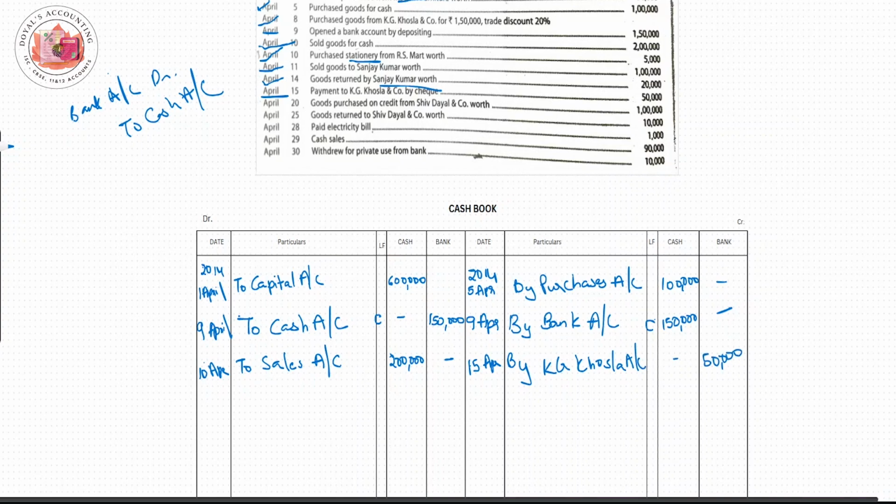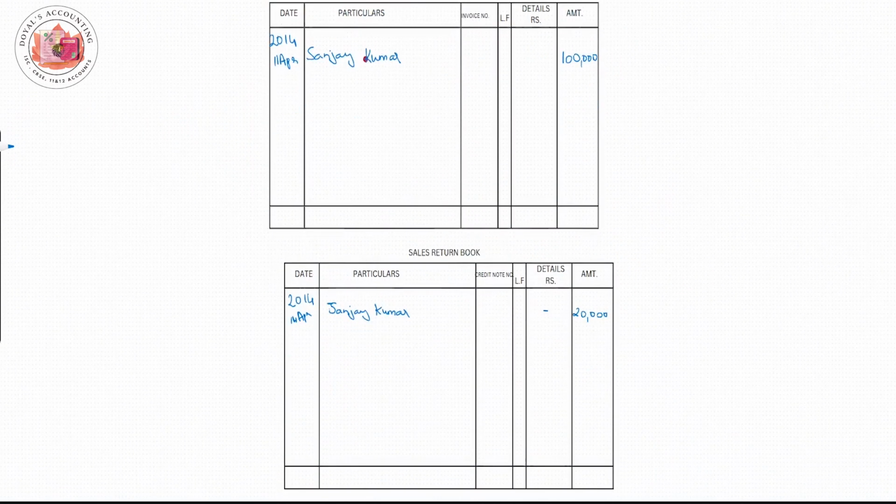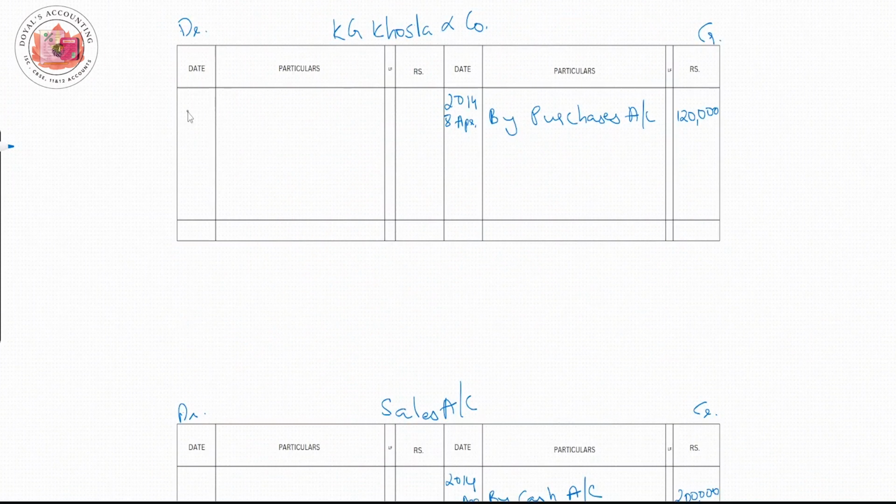Now, in KG Khosla account, in the ledger, I have to make the corresponding entry. 2014, 15th April, to bank account 50,000.